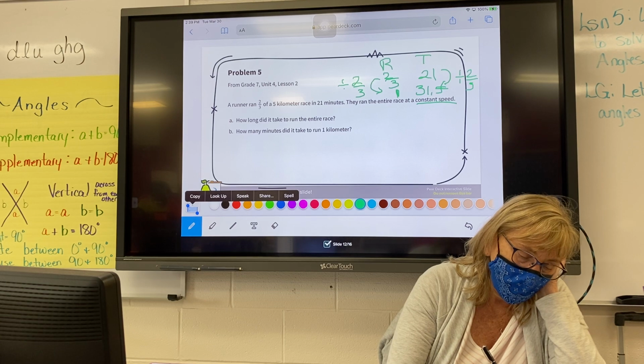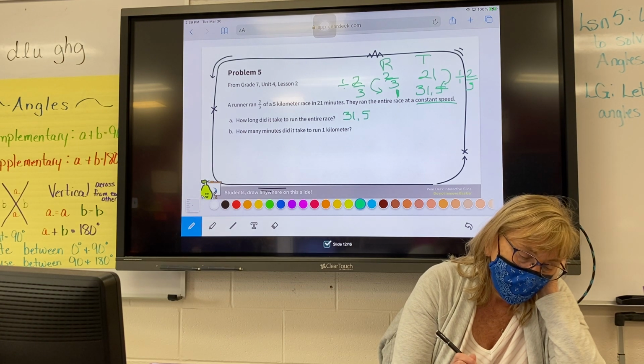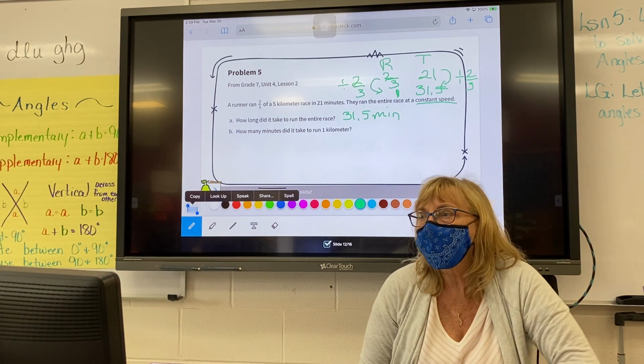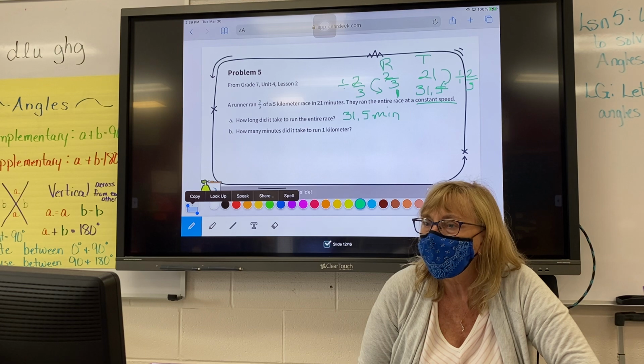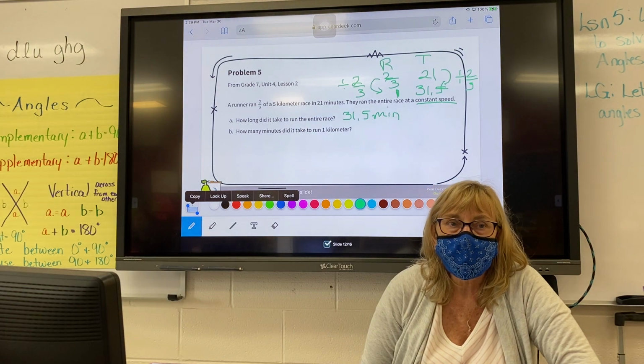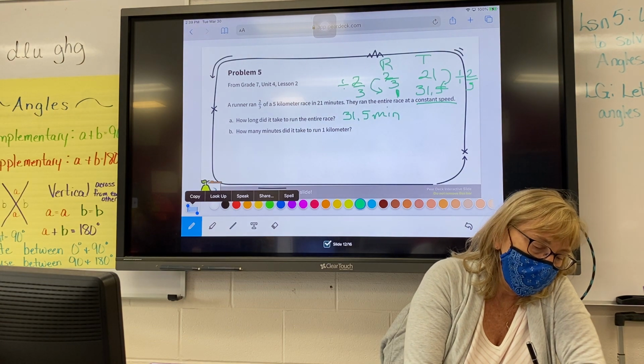Okay, what does that 31.5 mean in this problem? That's minutes. Is there another way to solve this? Anybody see another way to solve that first question? How about this?